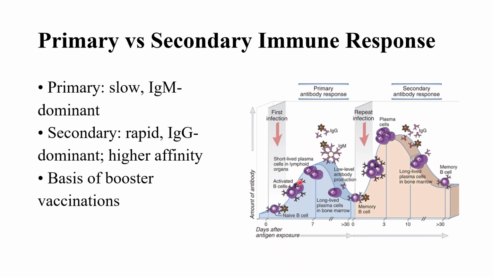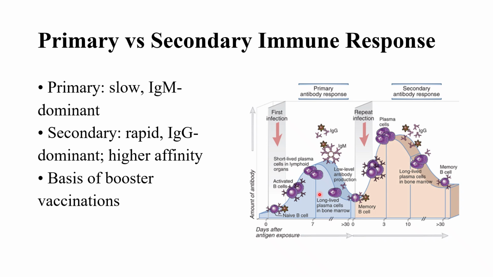So the earliest antibodies are mostly immunoglobulin M. They are large, efficient, first responders that appear within days, not immediately. The affinity is modest because the immune system hasn't yet fine-tuned its recognition.